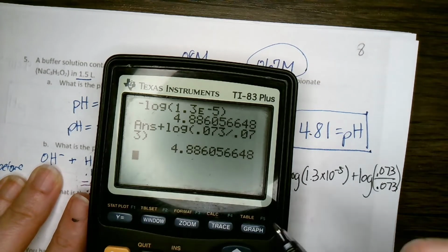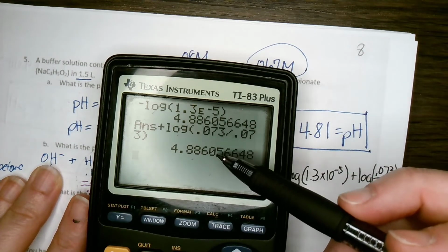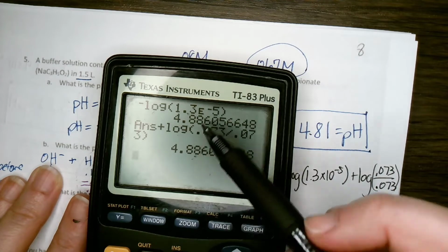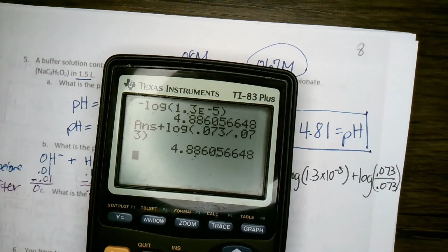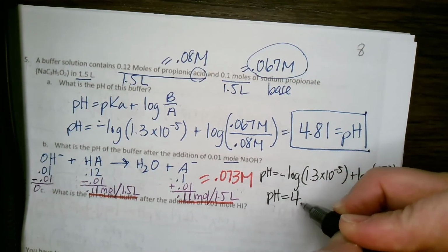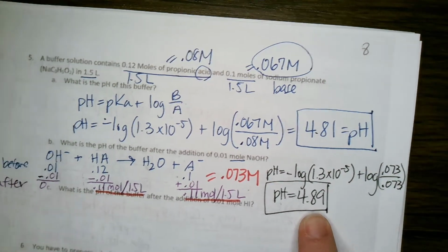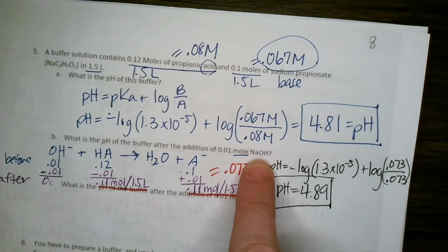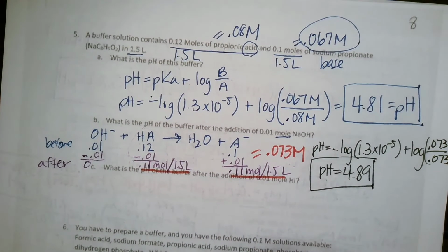Notice 0.073 divided by 0.073 gives us the answer of 1, right? And so we get the same as just the negative log of that. So our pH should be 4.89. And notice that we added hydroxide, we added a base, and we went from 4.81 to 4.89. So our number did increase, making it very slightly more basic.